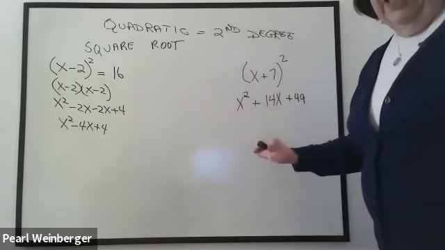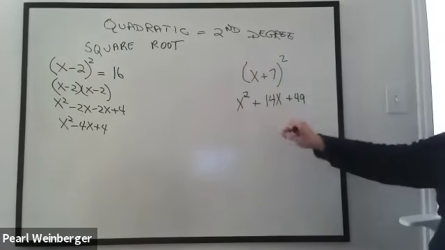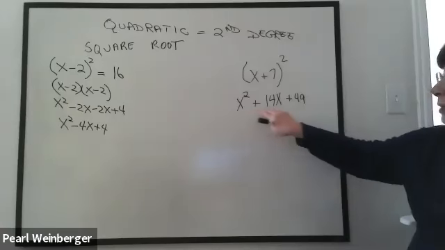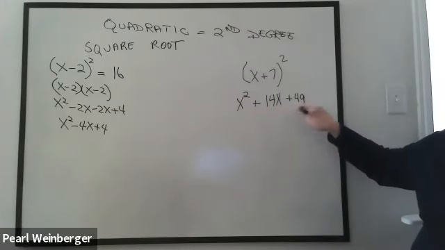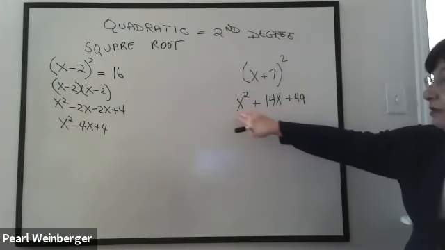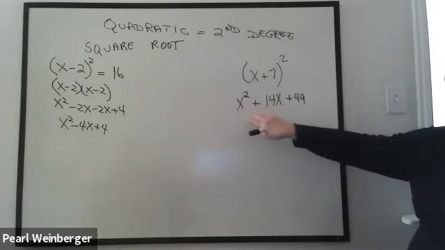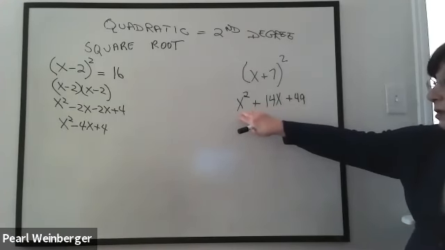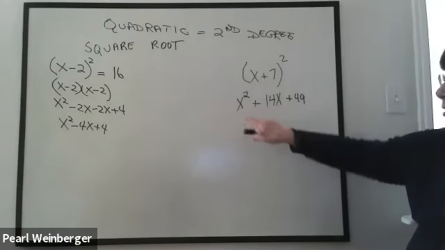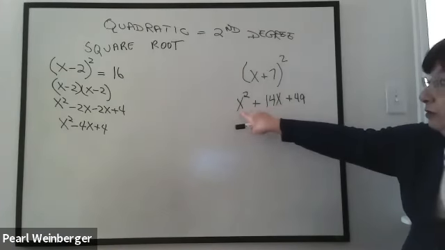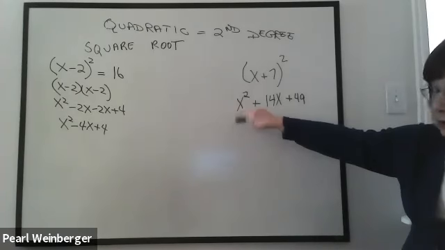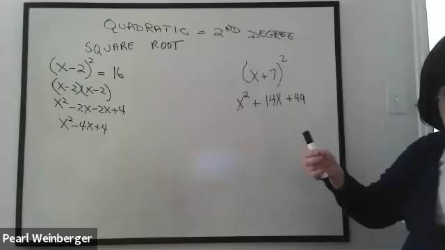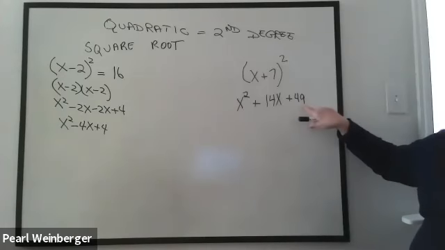As a matter of fact, I could use that. If I had given you x squared plus 14x plus 49, I could see that this is a binomial squared. How can I see that? Because the first number, x squared, is a perfect square. It's x times x. The last number is a perfect square. 49 is 7 times 7.